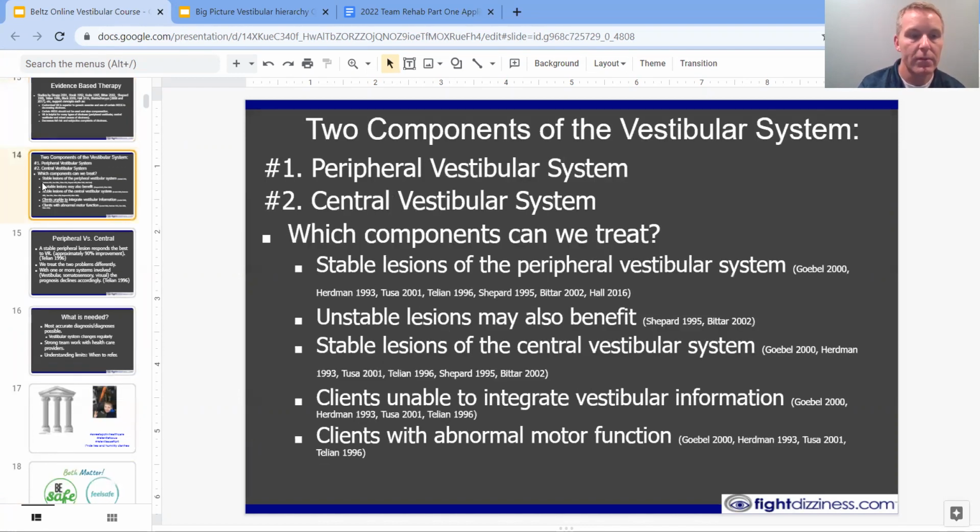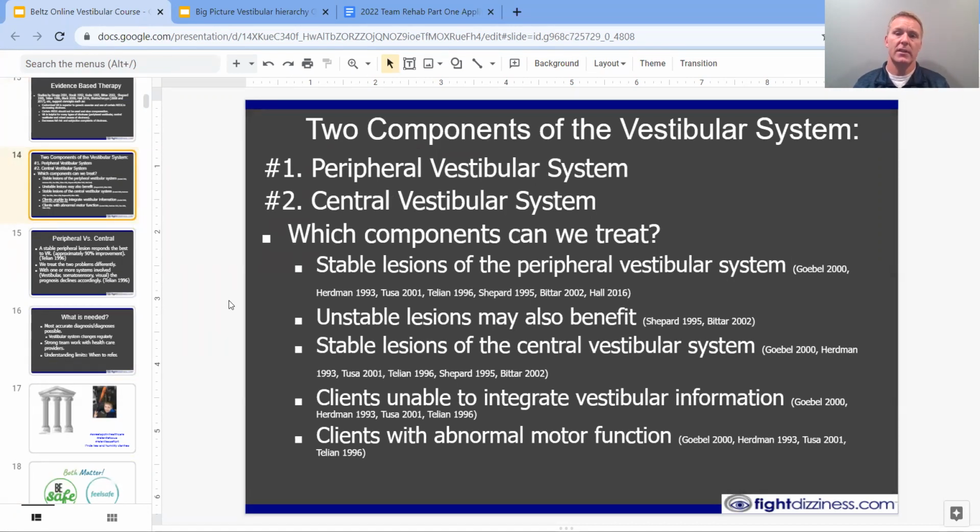And as I mentioned before, there are 2 major parts that make up the vestibular system. There's the peripheral and the central systems, and stable lesions of the peripheral vestibular system work best. So our objective is to get the lesions, or the reason that patients are dizzy, to stabilize. And if it's unstable, we've got to refer those patients on to get stabilized.